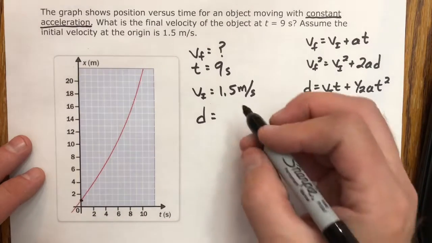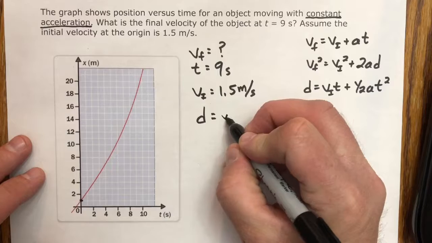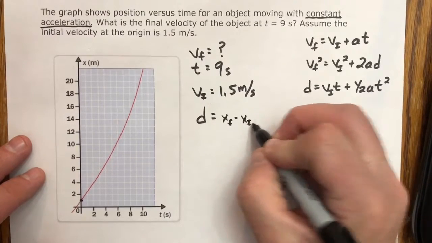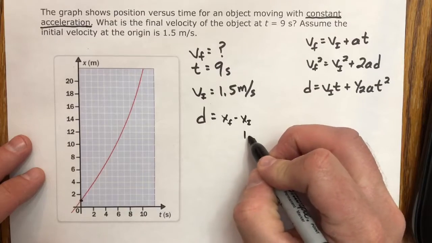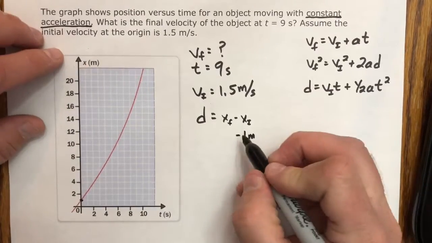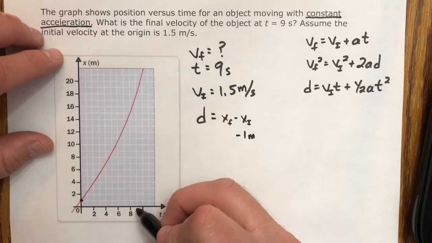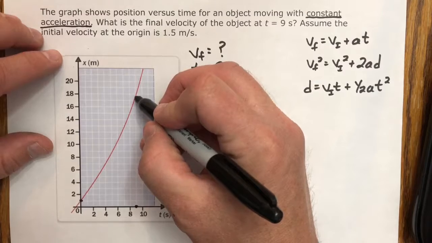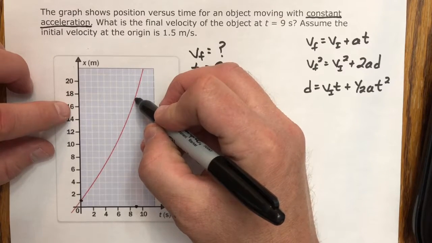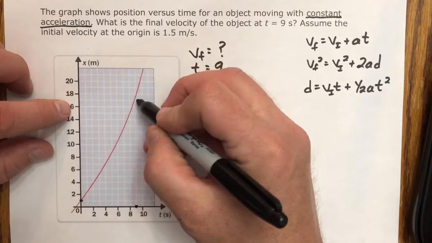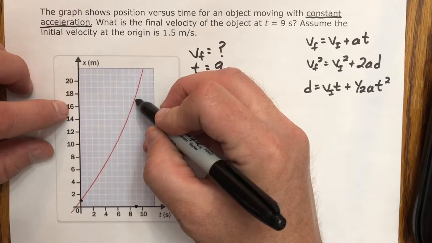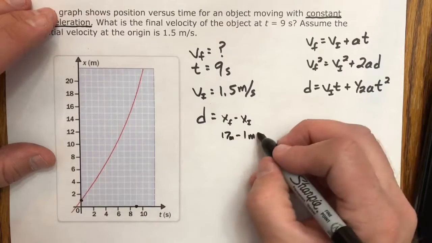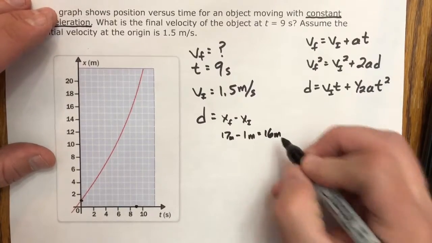So our displacement is final position minus initial position. So our initial position is 1 meter. And what's our final position? We come over here to 9 seconds, we follow that up, and our position is right here, which we're going to call 17, but it's a little bit higher than 17. So I'm just going to say 17 meters. So our displacement then becomes 16.